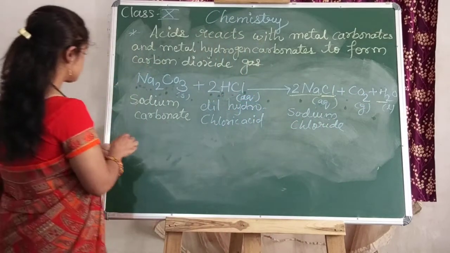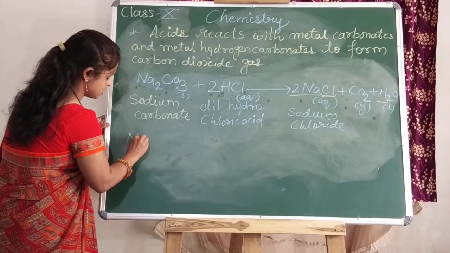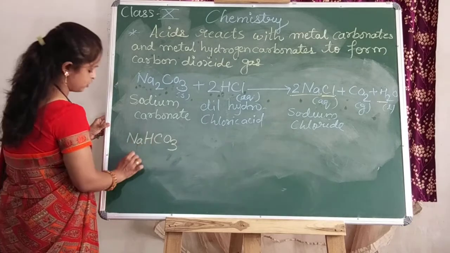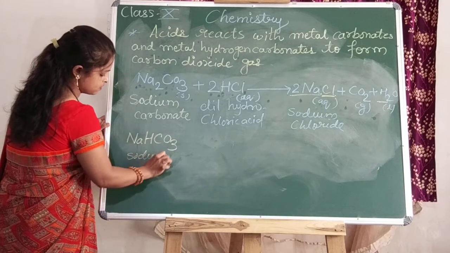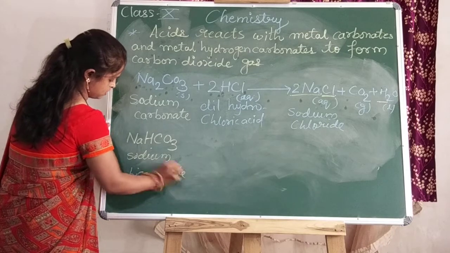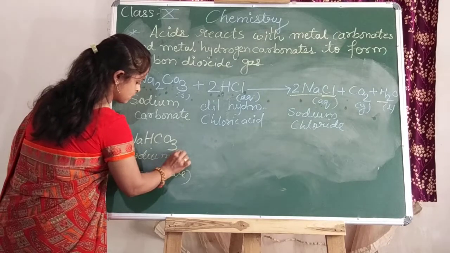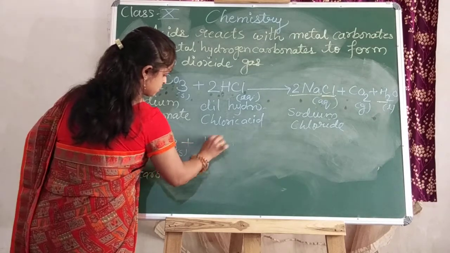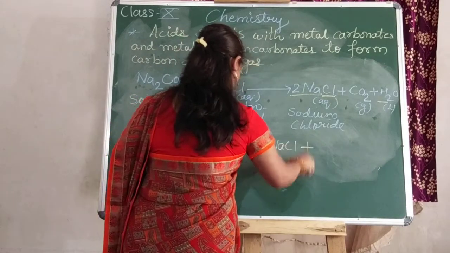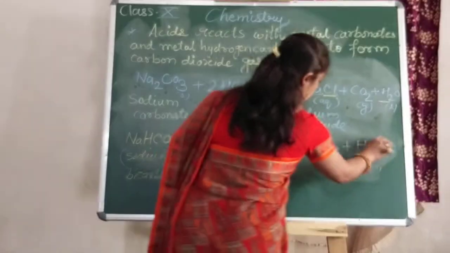Same thing with sodium hydrogen carbonate. The formula is NaHCO3. This is sodium hydrogen carbonate or sodium bicarbonate. Write it down in brackets. Mention the solid plus HCl. It gives NaCl plus CO2 plus H2O.